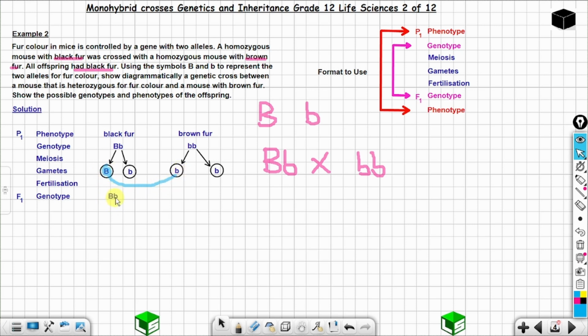You get this. You carry on. Now you still take this first gamete, and you cross with the other one. When you cross this with this, you have this. You are done with this.